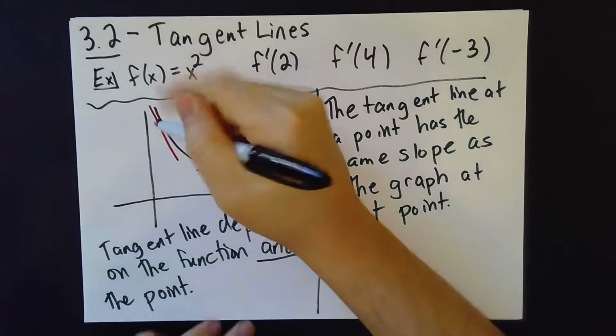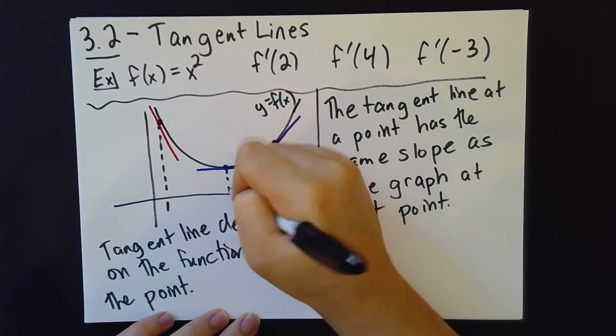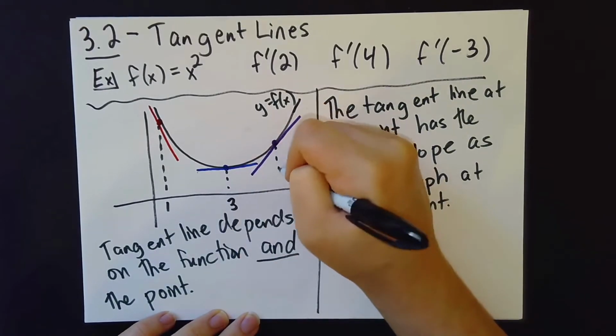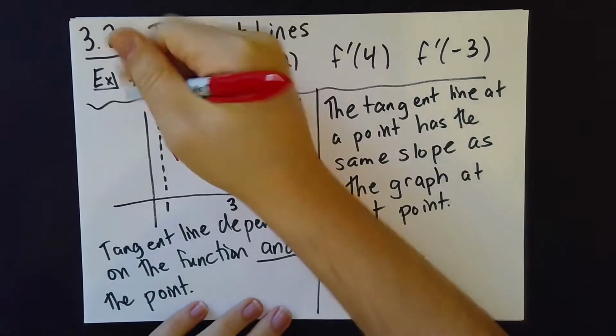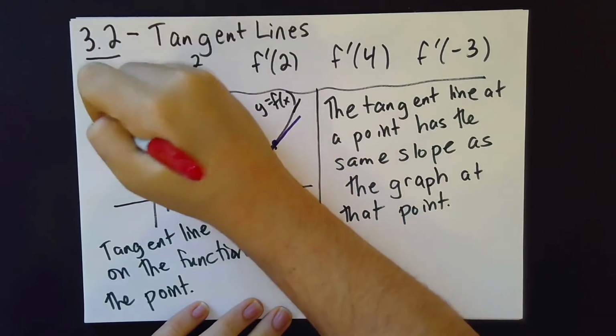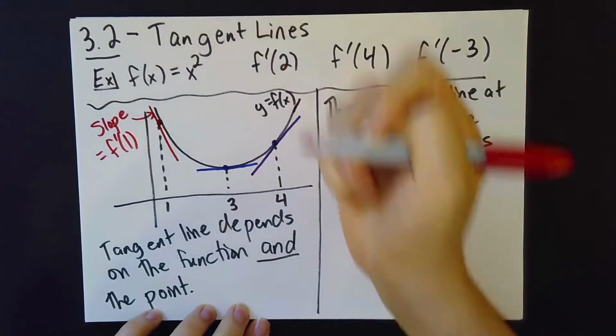So in this example, if this happens to be the x-coordinate 1, this is the x-coordinate 3, this is the x-coordinate 4, here's the point. The slope of this line is f prime of 1.